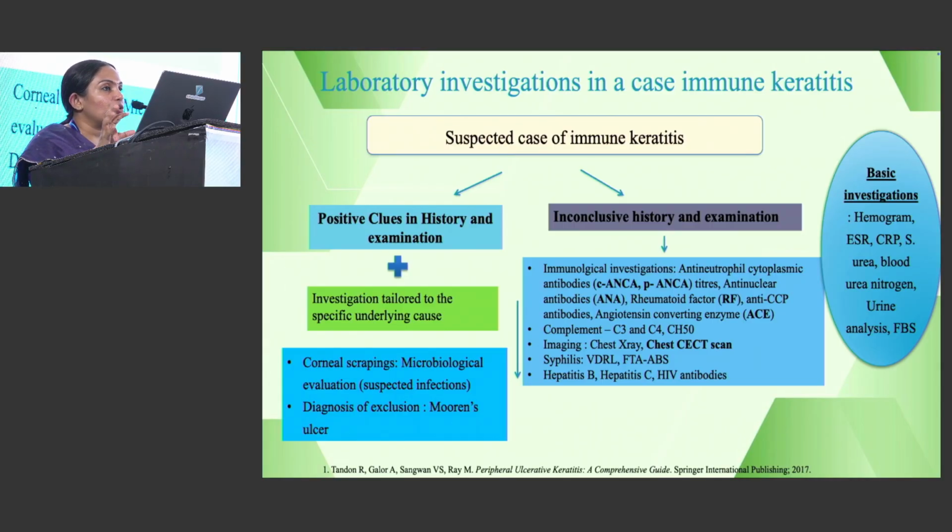In that, you will also have to check for syphilis, TB, and other viral infections which can have an immune reaction in the cornea. Basic blood investigations also have to be checked. If you suspect that there can still be some infectious component, scraping cannot be overlooked. You have to do scraping also. In spite of everything you do, if you don't get a diagnosis and the lesion is peripheral, then suspect Mooren's.